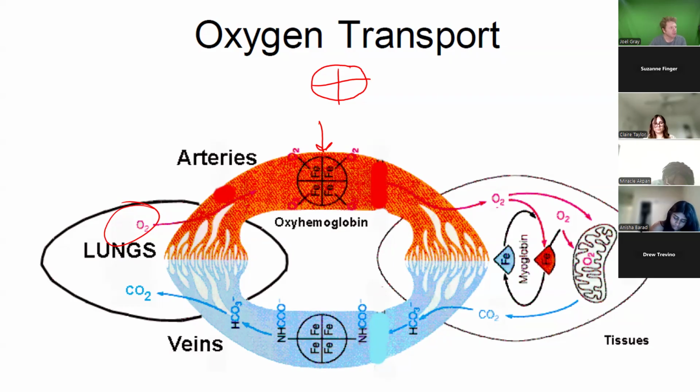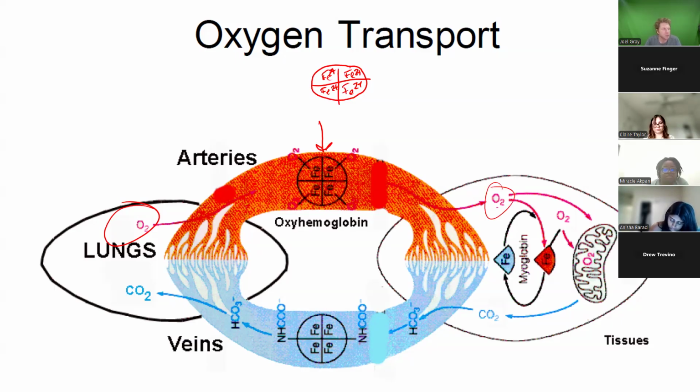Each one of those can bind an iron ion, and it's Fe2+. That iron ion will help hemoglobin bind oxygen. That oxygen is going to be transported through the bloodstream and released in the tissues.